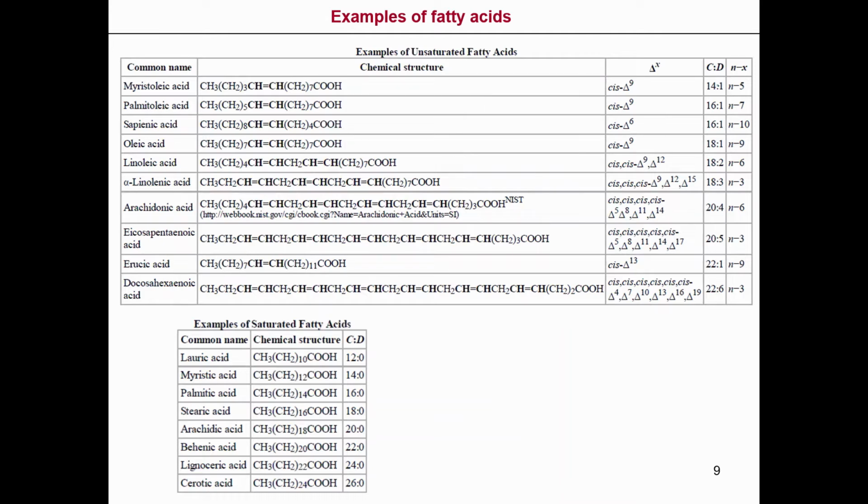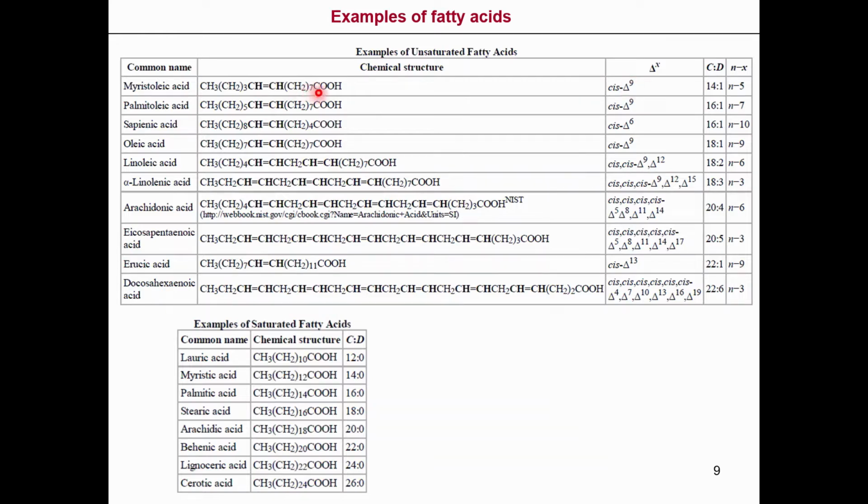Okay, when you have an unsaturated fatty acid, you have one or several double bonds. When it's one, for example the 14:1, it's because you have 14 carbons and 1 double bond, and you have where the double bond is located, at carbon 9.